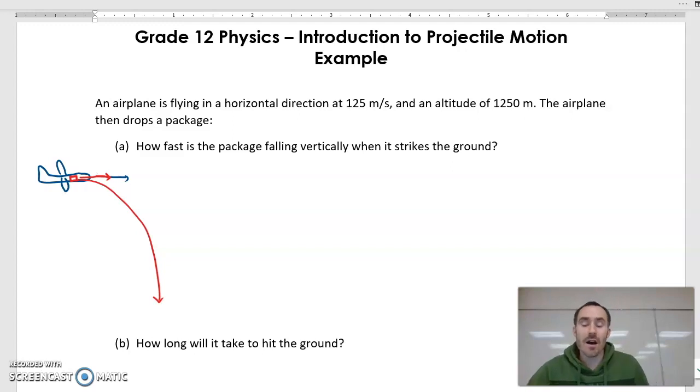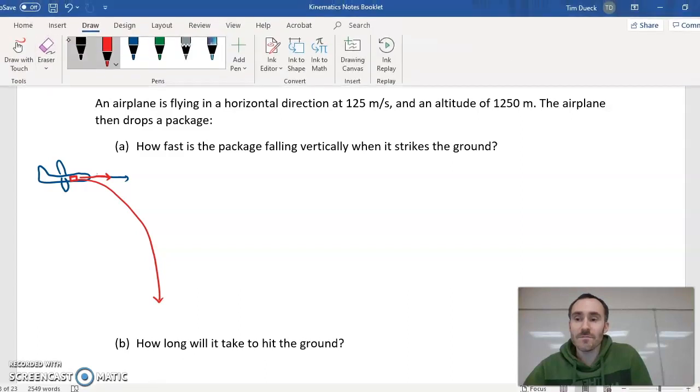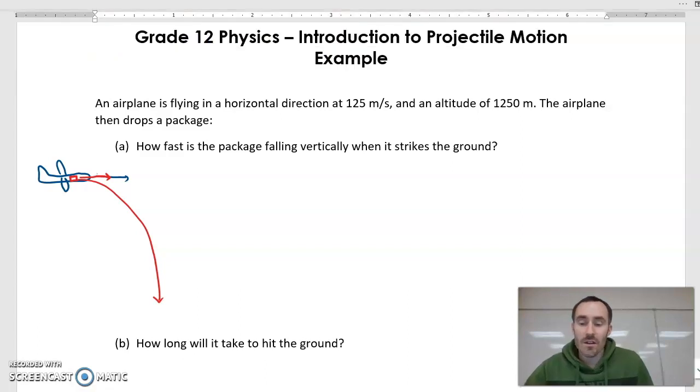Now, I want to point out that at the very bottom over here, it looks as though this projectile is moving straight downward, right? The way that I've drawn it, it looks like its velocity is perfectly downward at the end. And that's just not true at all. So at the very end, its vertical velocity is probably just a lot faster than its horizontal velocity. And so I should not have actually drawn it ending vertically like that.